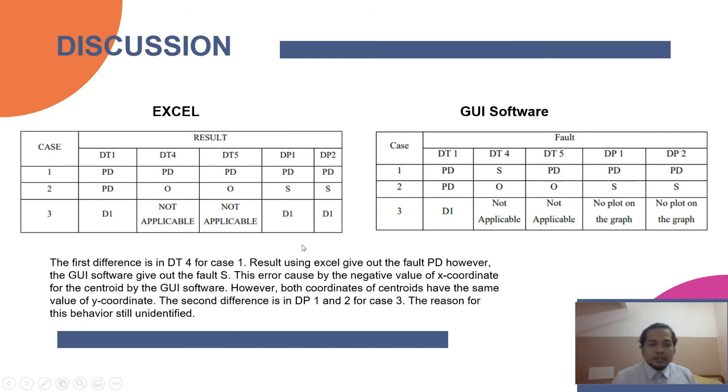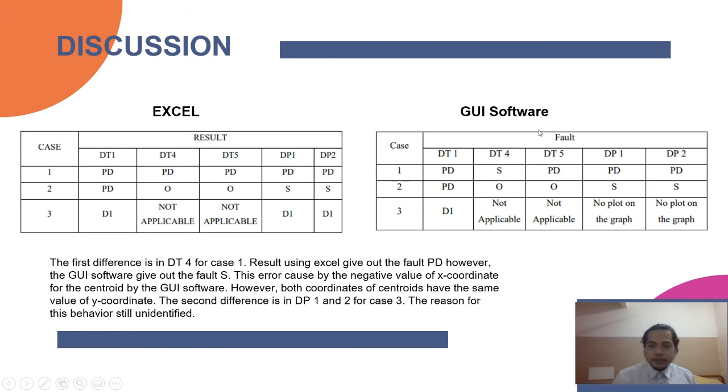The difference we can see between these two results is in DT4 for case 1. Using Excel, we obtain the fault as PD.